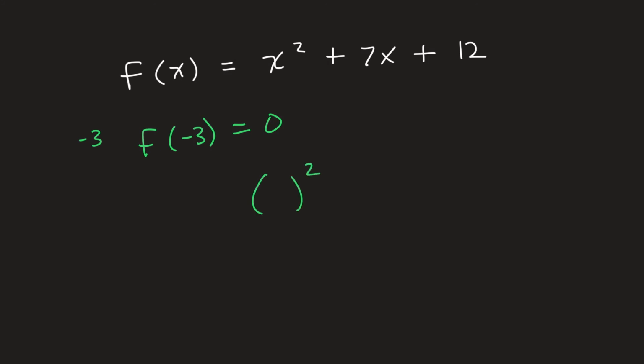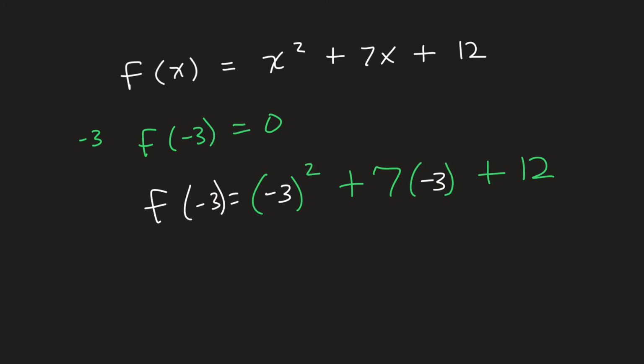So x squared plus 7x plus 12 with a negative 3 for my x value. We're finding out what f of negative 3 is equal to. All right, so negative 3 times negative 3 is 9. 7 times negative 3 is a negative 21, plus 12. And indeed, this equals 0.